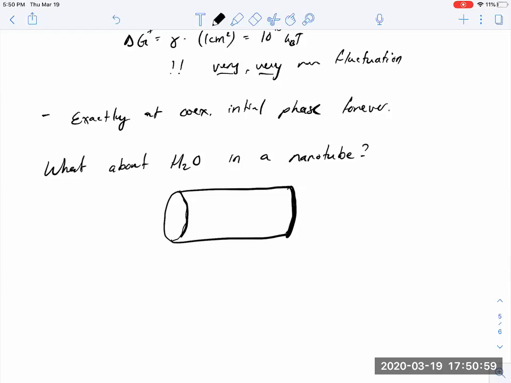You can imagine putting some water molecules in, which has an area of a few nanometers squared. How long would I have to wait exactly at coexistence to see a spontaneous nucleation event, which takes the liquid from its vapor, or vice versa? That surface area is much smaller. That might be something one could actually observe.